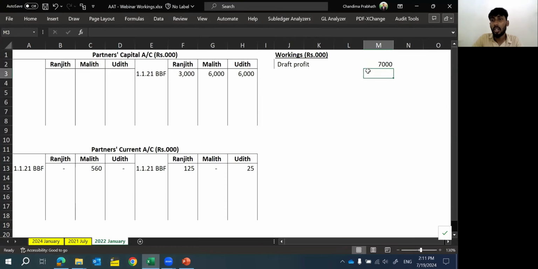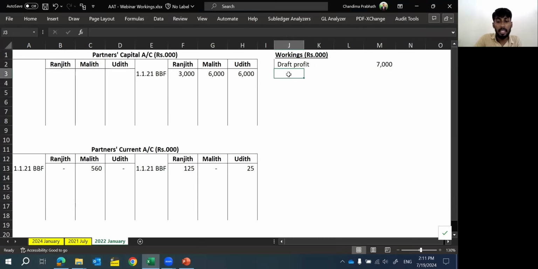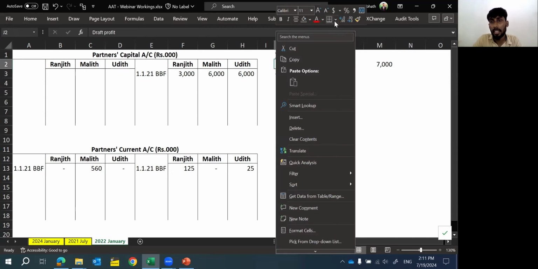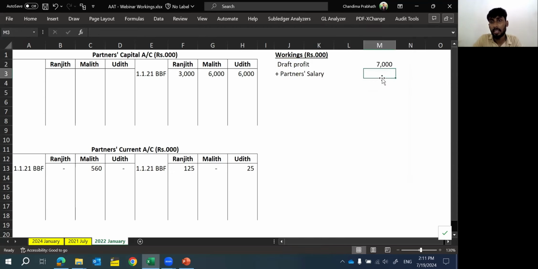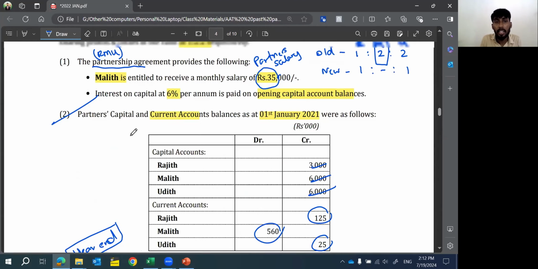So we need to add back the partner salary. Monthly how much?